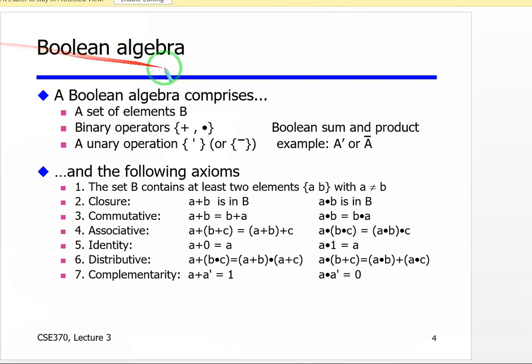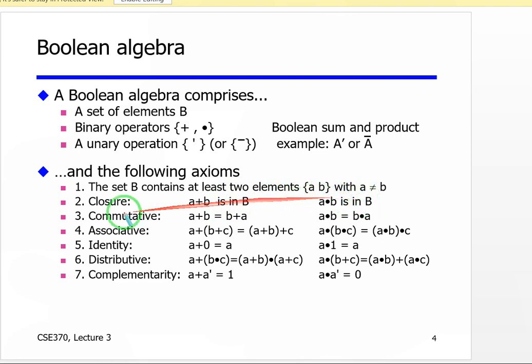A Boolean algebra comprises a set of elements B, binary operators plus and dot, and a unary operation like complement, and the following axioms: the set B contains at least two elements a, b with a not equal to b.